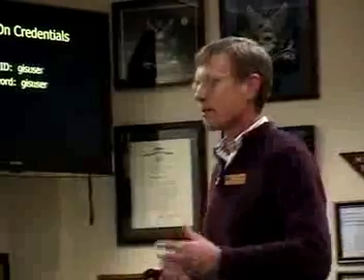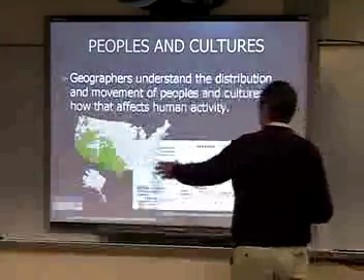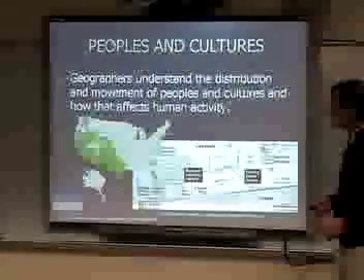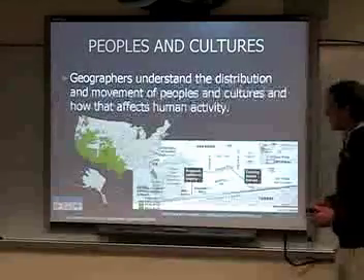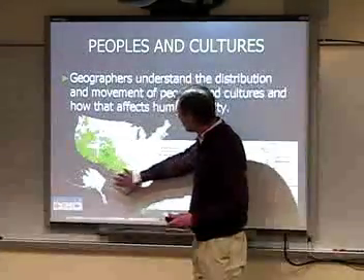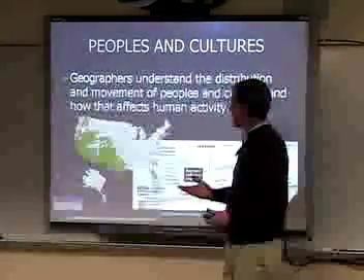We're also interested in movement, so things are changing through time. So if you're teaching history, for example, you're probably interested in what's happened over the course of time. And so we can see distributions. Now this map right here is a distribution map of Hispanic population. And we can see that there is, as you might expect, a distribution along the border with Mexico, but we see some outliers.